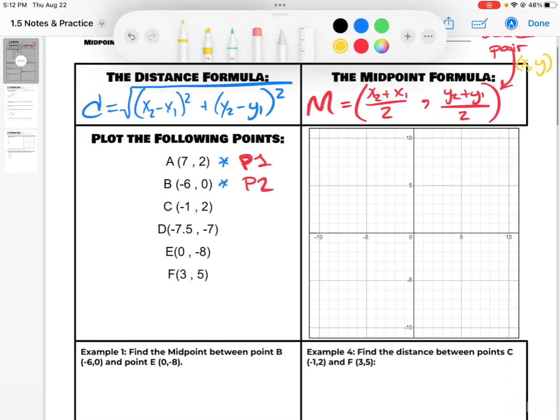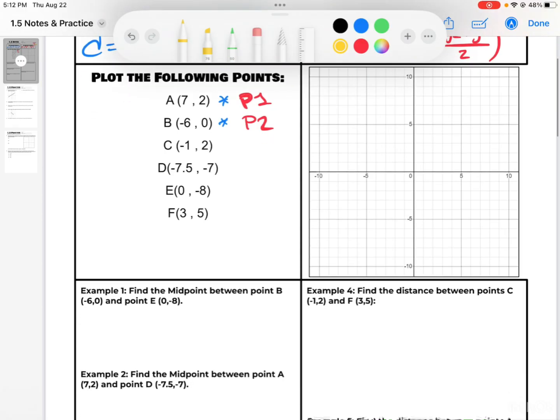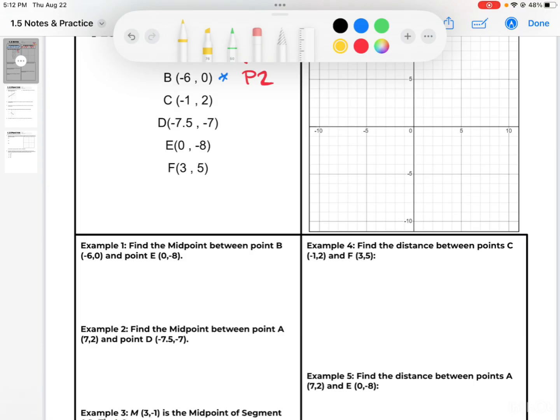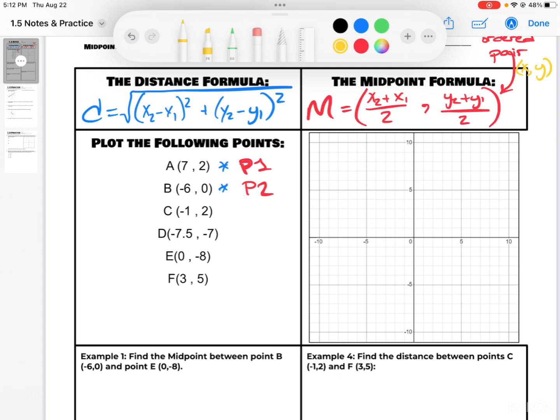Part of your practice for your notes is plotting these points, and I'm going to let you do that. Plotting points is not something new to you, so I don't feel like I need to really cover that in depth on the notes.